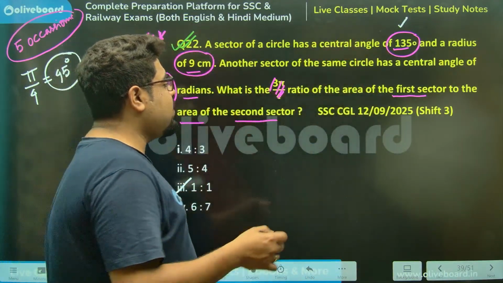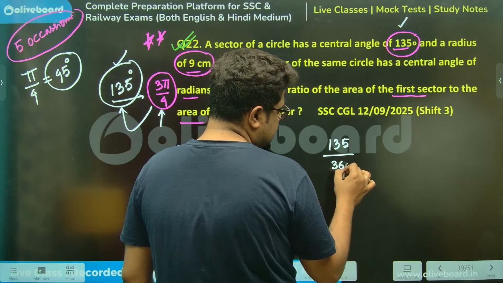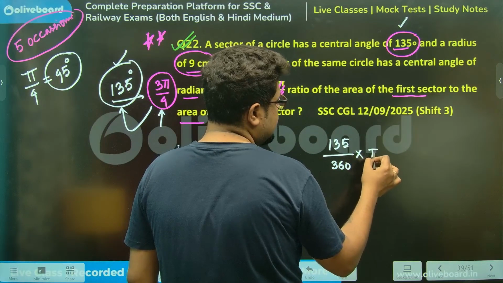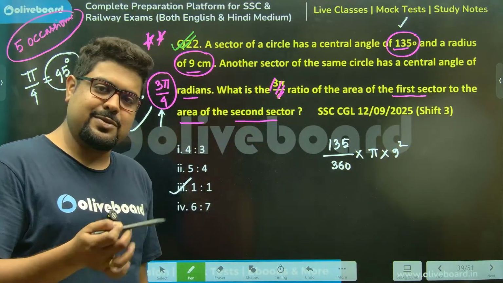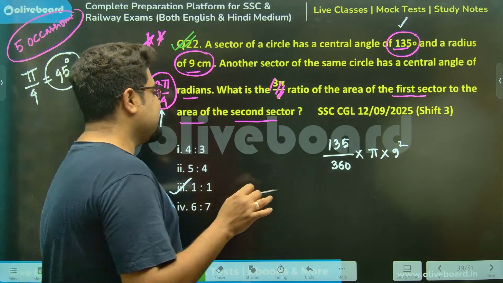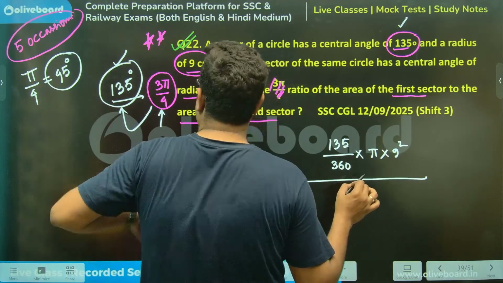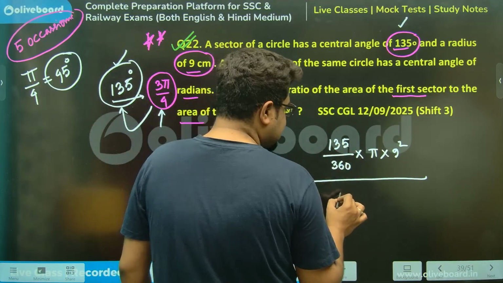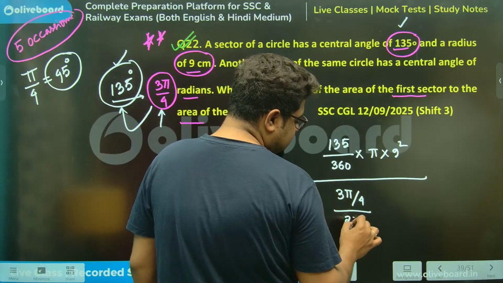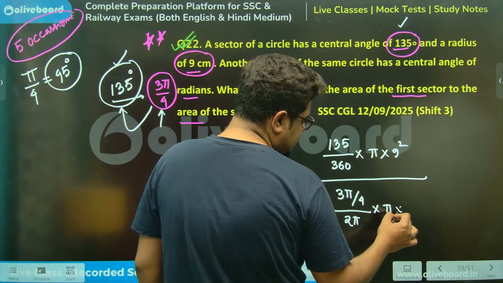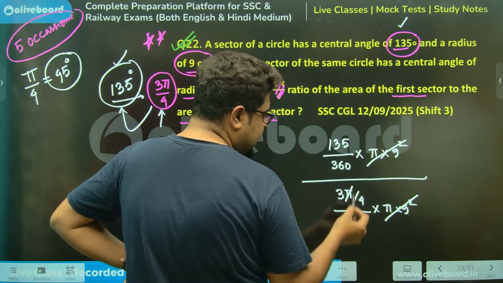So this area will be 135 by 360 into pi r square, pi into 9 square. Again, I'm not doing the calculation because it will cancel. This divided by, here I'll use theta in radians by 2 pi, into pi into 9 square. First of all, this cancels, and here pi cancels.